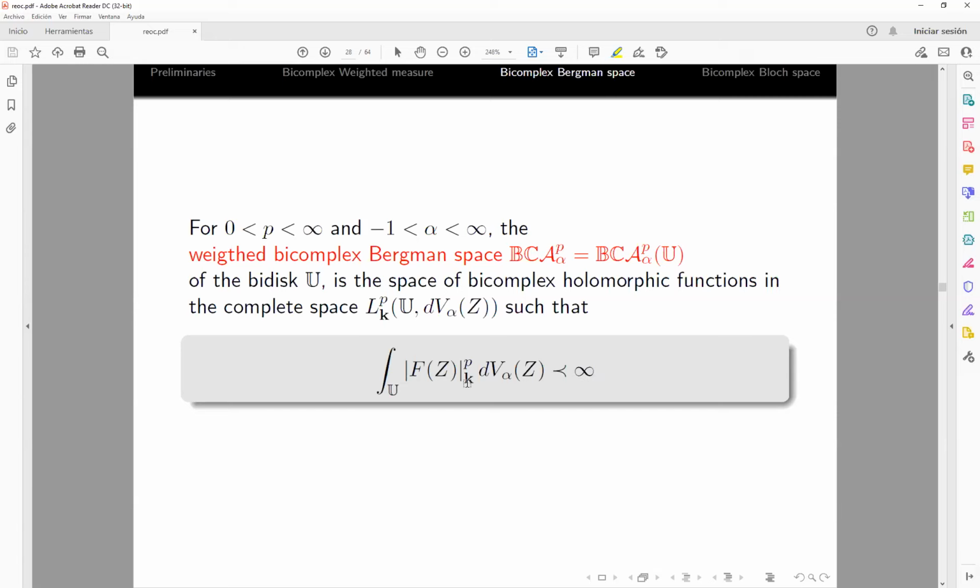But recall this is the K-norm. It is necessary to look at each component; each component then is bounded. Then this is the weighted bicomplex Bergman space.